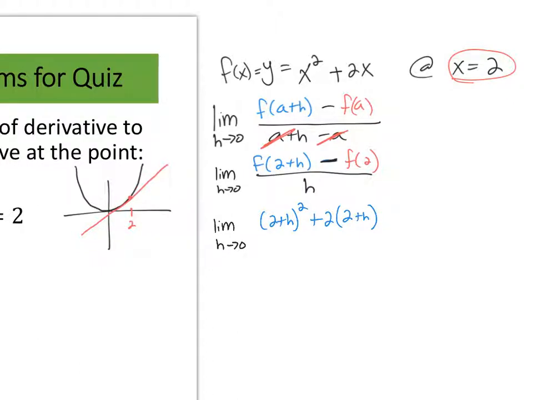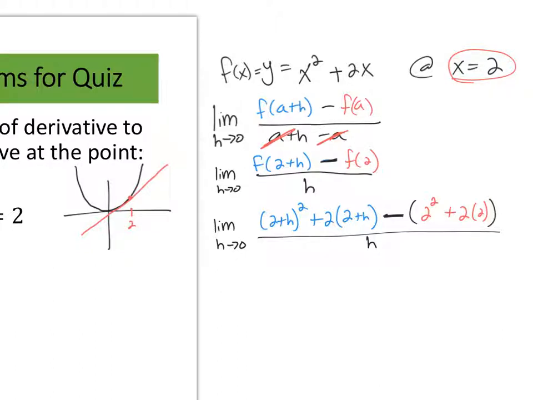Okay? Minus f of 2, whatever f of 2 happens to be in red. F of 2 is 2 squared plus 2 times the stuff. And I'm using lots of extra parentheses because I just want us to be really clear about what this means. Dividing by h.